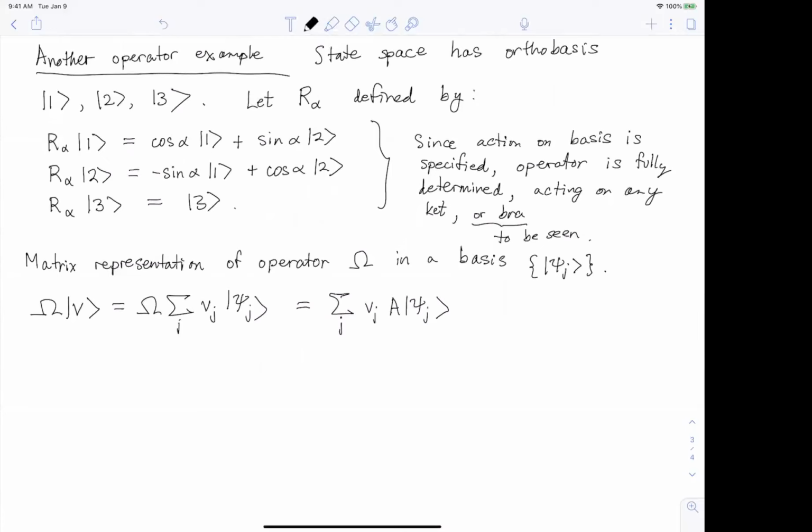Okay, and now what I can do is I can write psi sub k bra acting on what I've just written. Excuse me, instead of A, shouldn't it be omega? Isn't that what we're calling the operator? Very good, sorry.